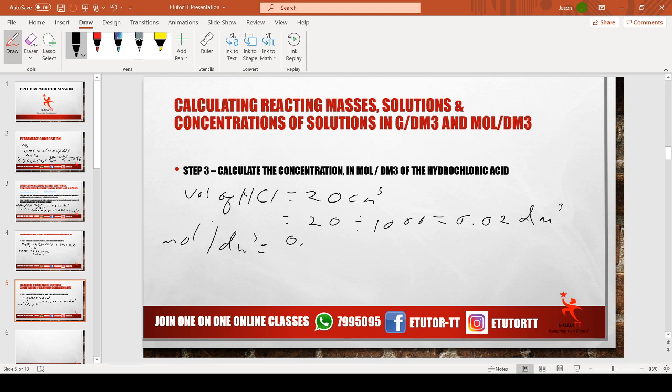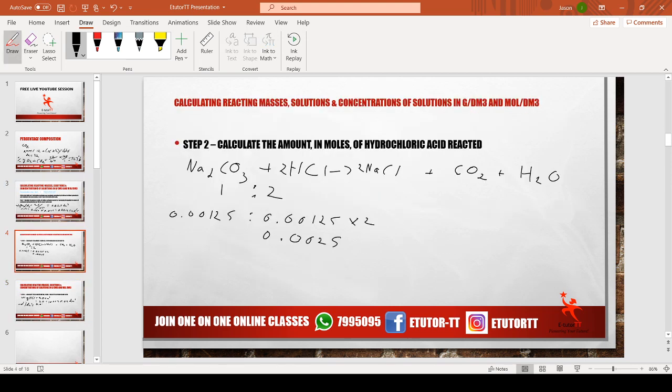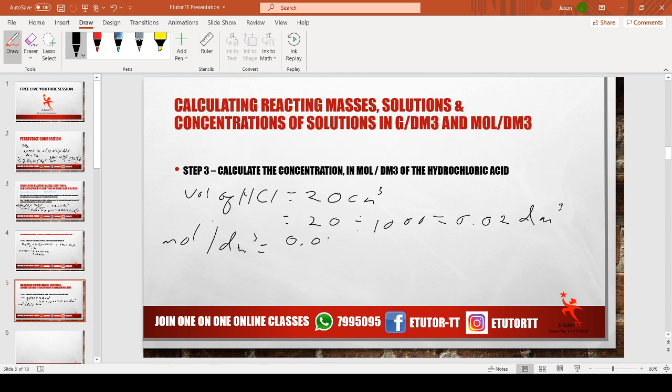So we have 0.0025 divided by 0.02, and that gives us the concentration to be 0.125 mol per dm³.